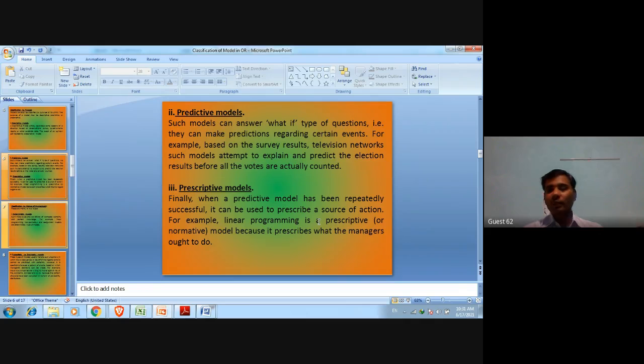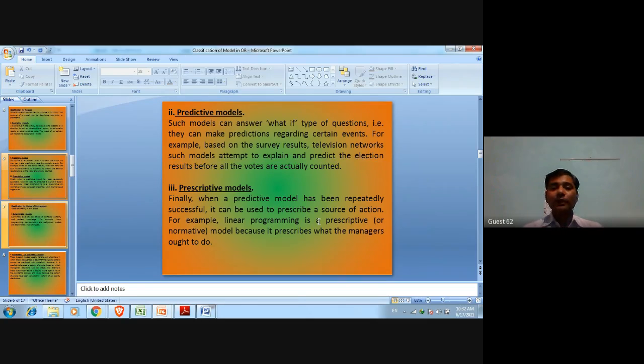Okay. Now, what is a prescriptive model? Finally, when a predictive model has been repeatedly successful, it can be used to prescribe a course of action.